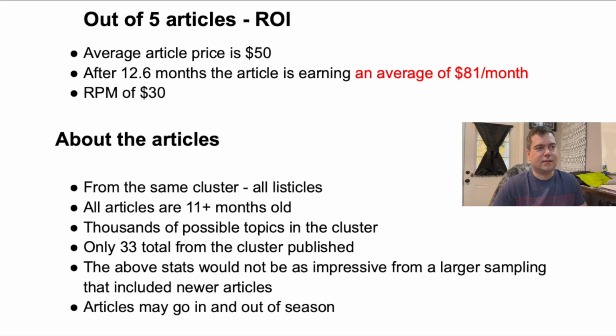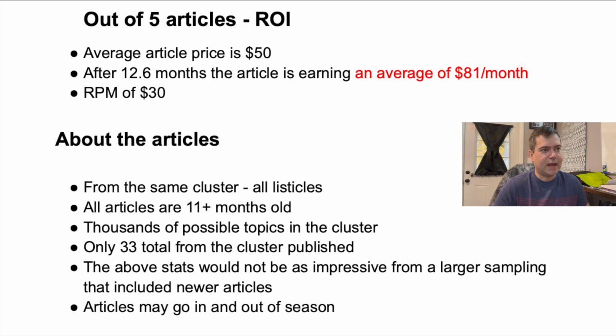I just didn't want to take the time to do that. I just wanted to show you a sampling of some of my better performing articles out of a certain cluster. Because I've mentioned in the past, I'm always looking for clusters. This is a good cluster that I want to fully exploit now.